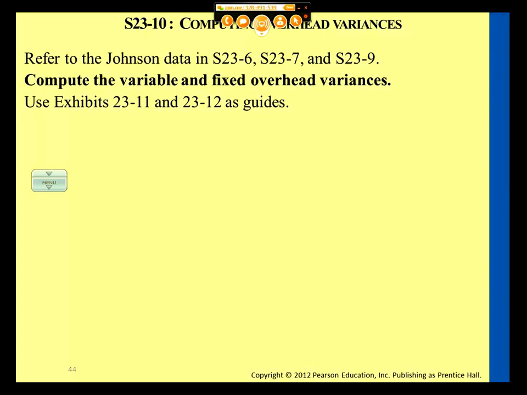What we need to do is compute the variable and fixed overhead variances. I just said that we have two types of variances there. That's our spending variance and the efficiency variance for the variable, and for the fixed we have spending and the volume.